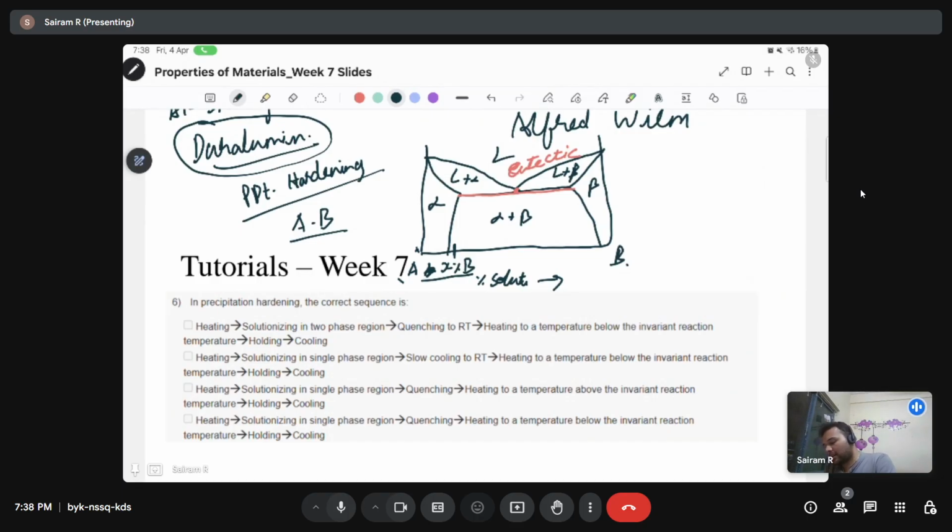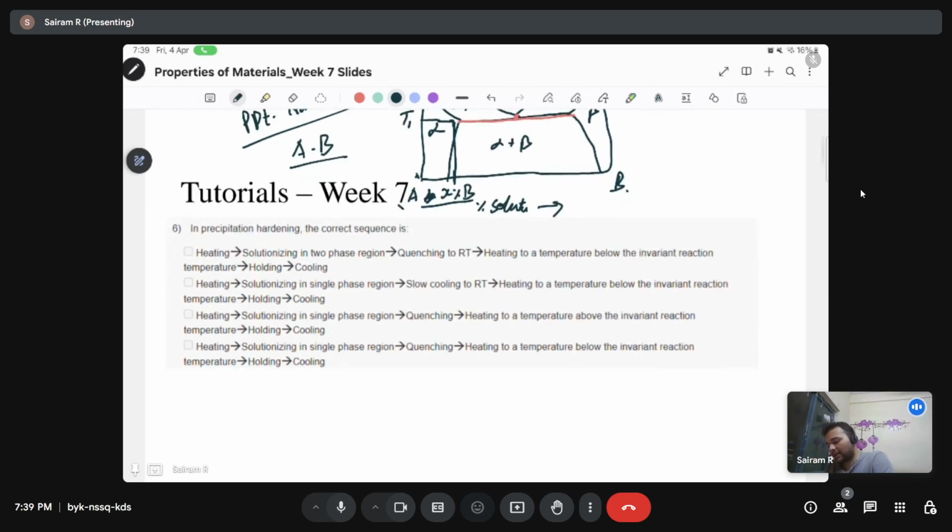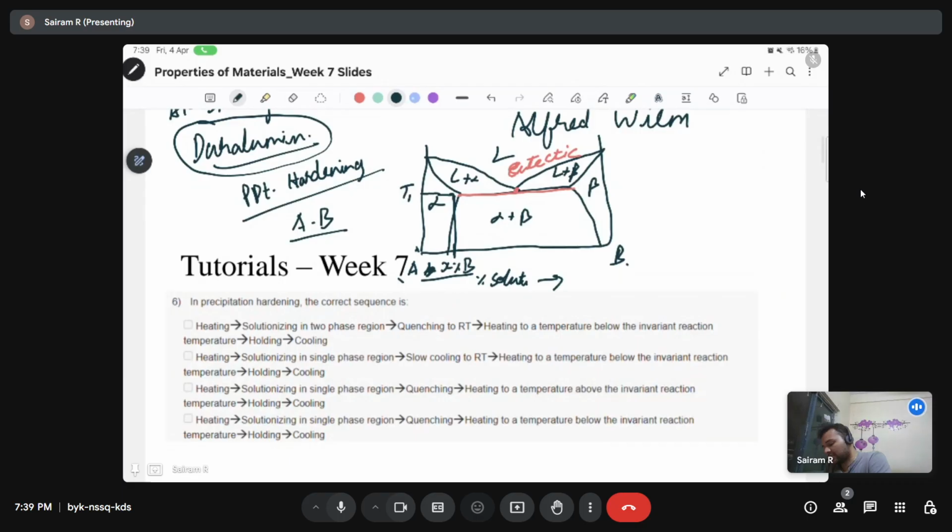Now we have a solid block of x percent B and 100 minus x percent of A. Okay, that's what we have. Now we heat treat this alloy all the way to temperature T1, and I'm going to be showing these things in this graph over here.